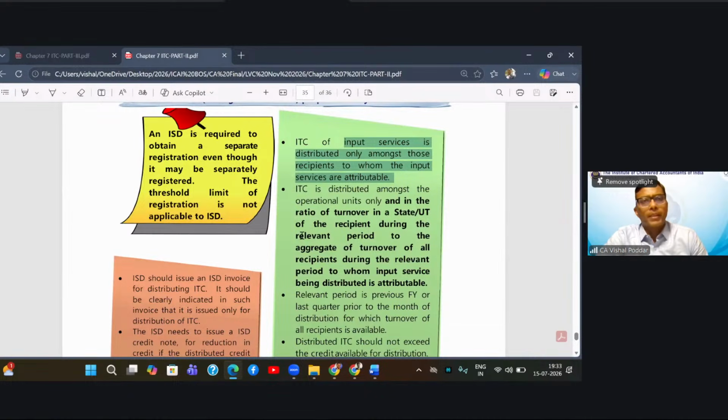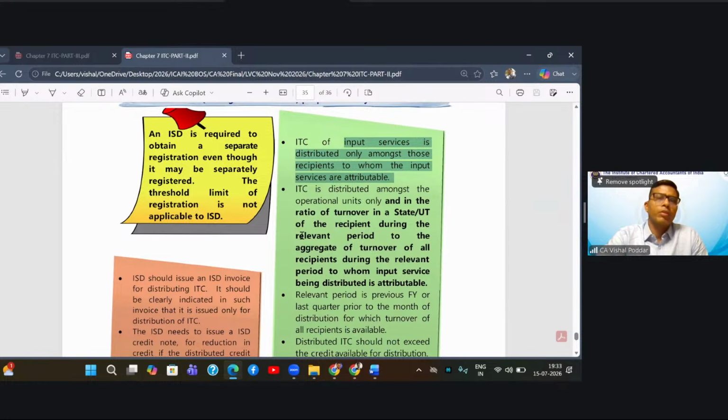Another example: I have installed or got a SAP software made. This is for the entire company covering all the units. This SAP software, which is again my input service, has charges, firstly on developing, then on implementing, and third on maintenance. All this is my common expense.